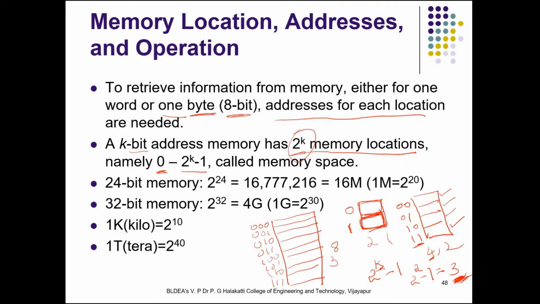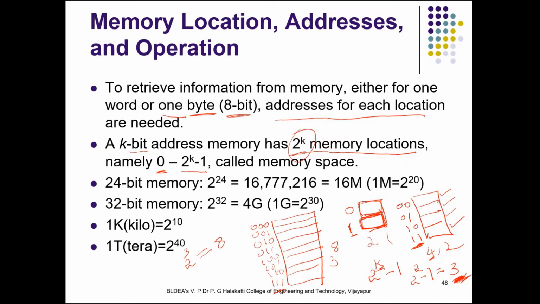Right. So now let's see if the memory address is 24 bits, that is, the address consists of 24 bits. We shall see one more example. If it is 3 bits, then 2 raised to 3 memory locations are there, which is equal to 8.